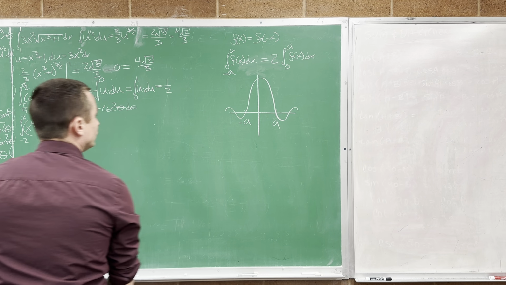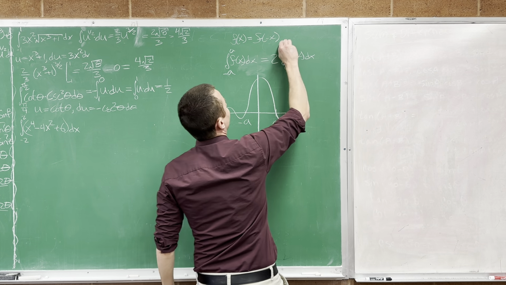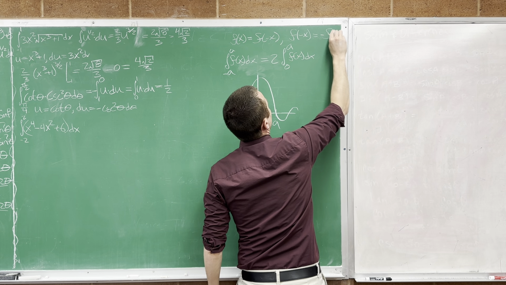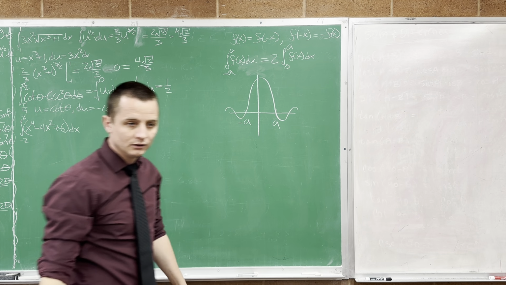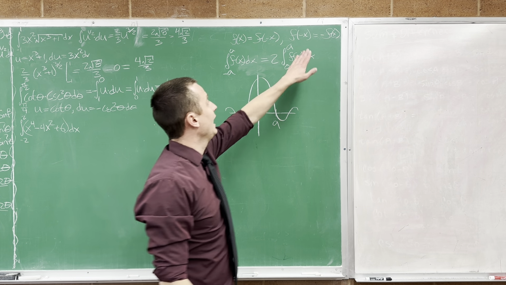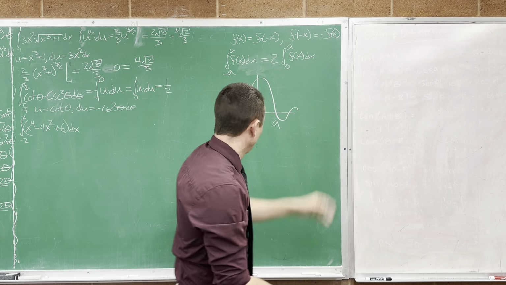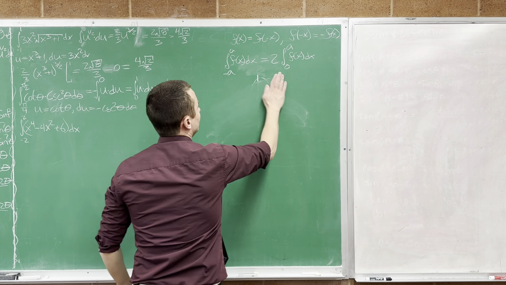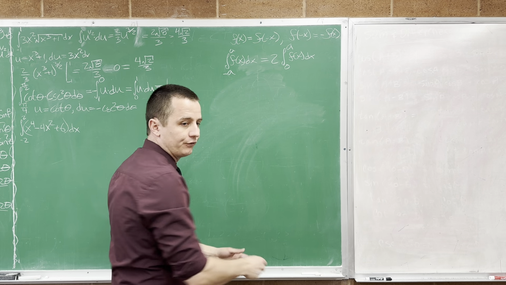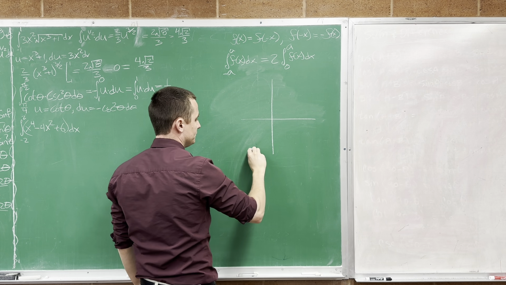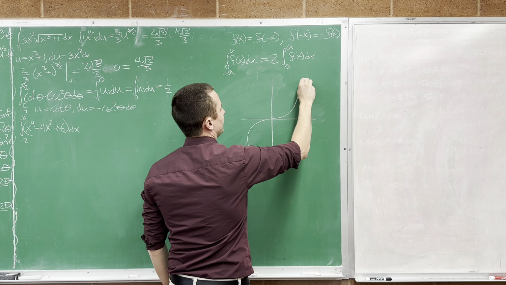Now, the definition of an odd function is f of negative x is equal to negative f of x. So the height at the left-hand point is the negative of the height at the right-hand point. What does that mean? Let's draw some odd function. What's the interpretation of that? Like a cubic. Yeah, cubic is a good example of an odd function.